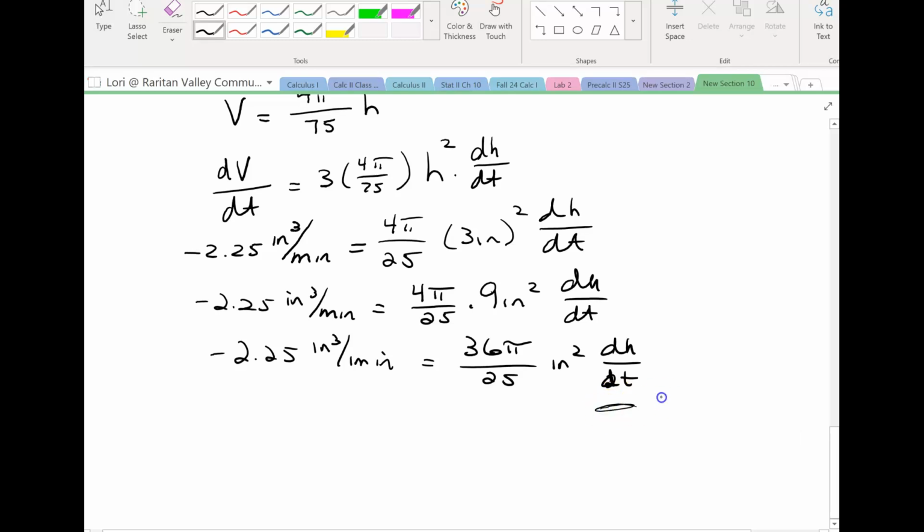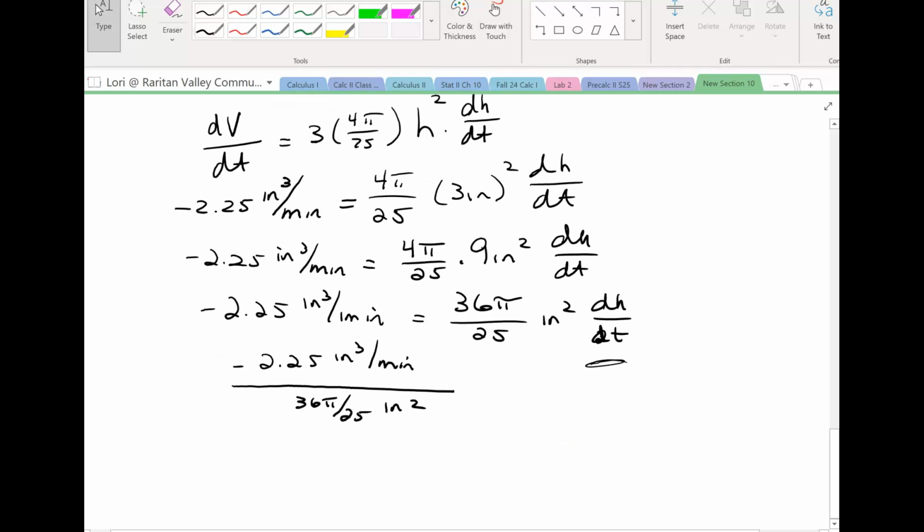I need to solve for dH dt. So I need to flip that over, which is going to give me negative 2.25 inches cubed a minute over 36 pi over 25 inches squared.